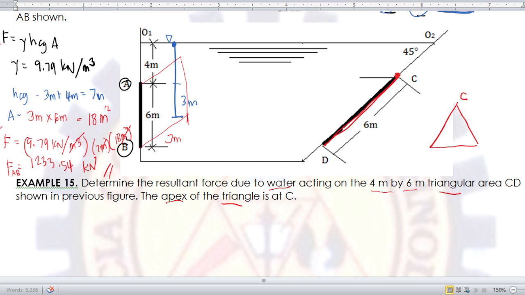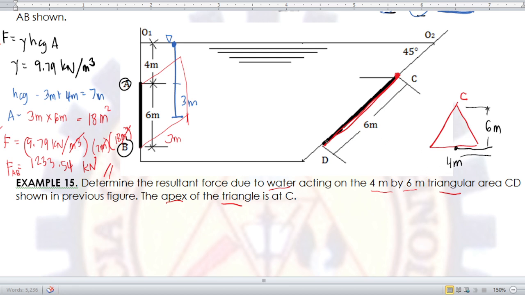If we draw this, this is our 6 meters. How about your 4 meters? What is this 4 meters? The 4 meters, class, is the base. That's the base here, 4 meters.